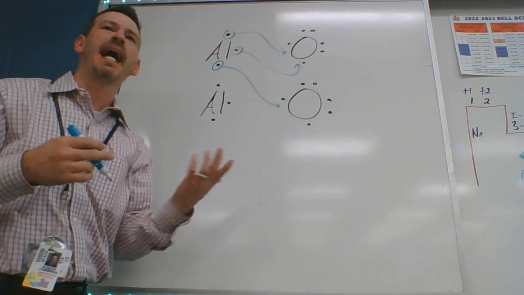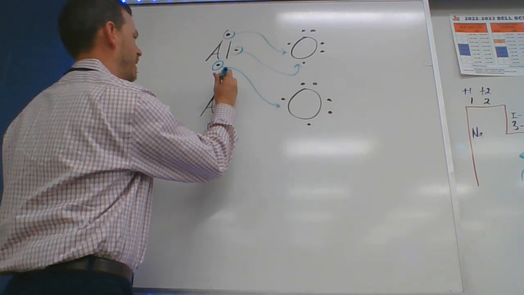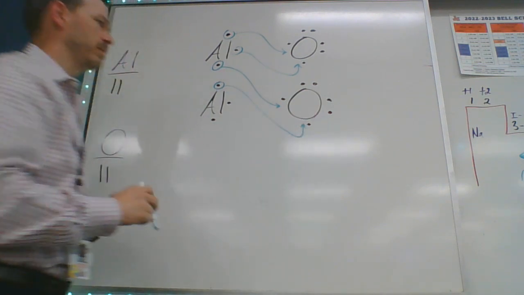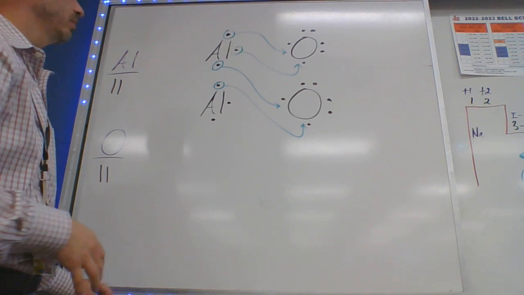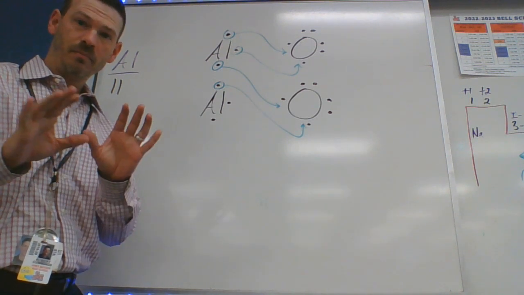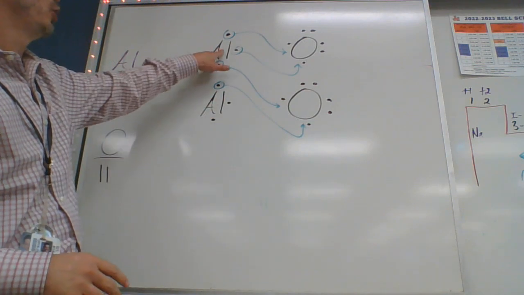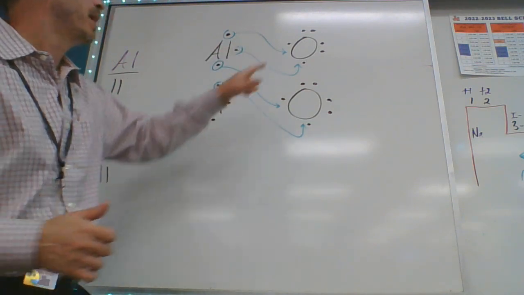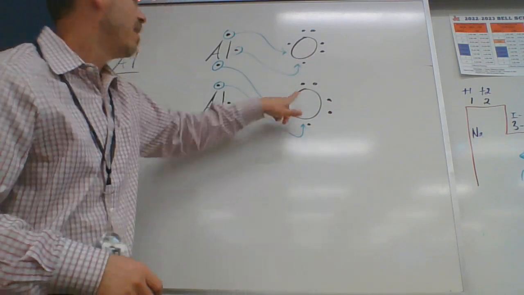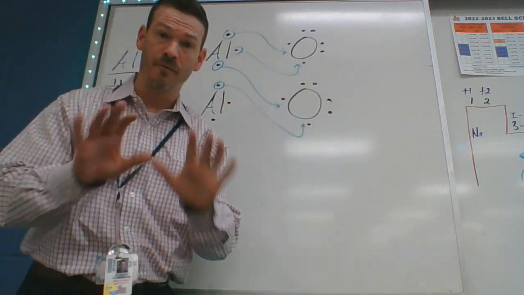Now remember, we did that because oxygen was unhappy. Let's fix oxygen. Let's track our work. This aluminum has all of his dots gone. He's happy. This oxygen surrounded by 8 from the movement. He's happy.